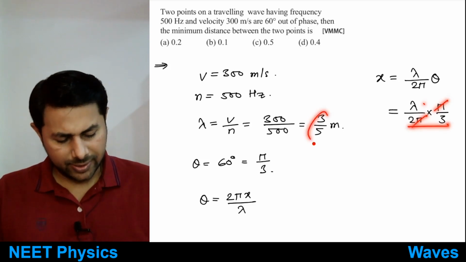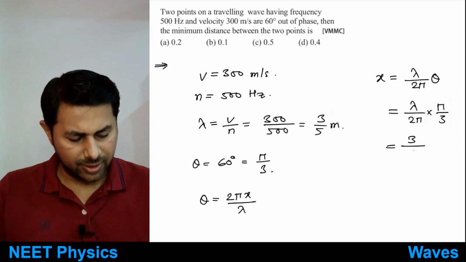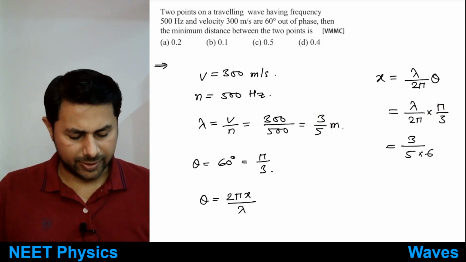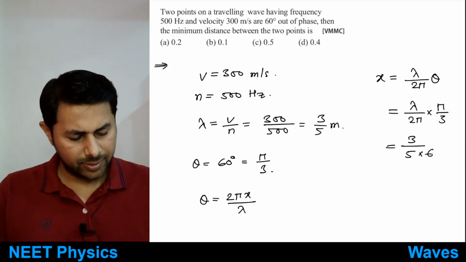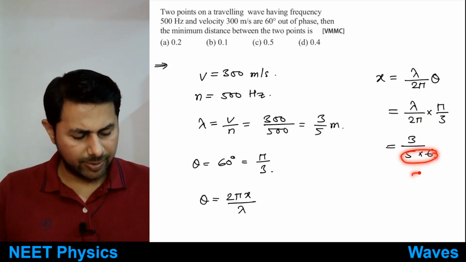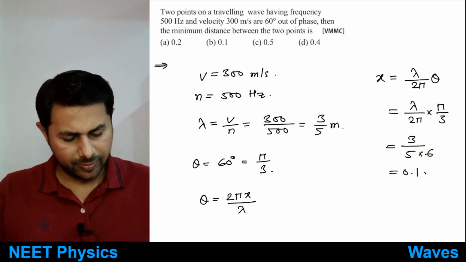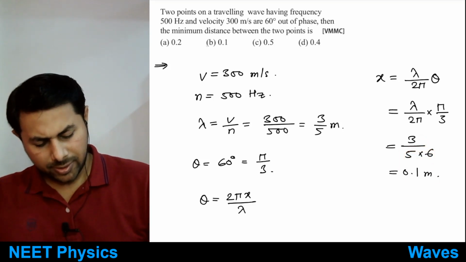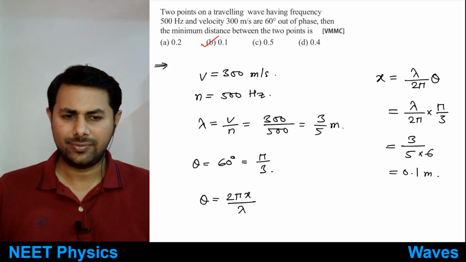Okay, and lambda is 3 by 5, substitute that, it is 3 by 5 divided by 6. So what's that? 6 fives are 30. Okay, 3 by 30 is 0.1, right? So the answer is 0.1 meters. This one is clear.